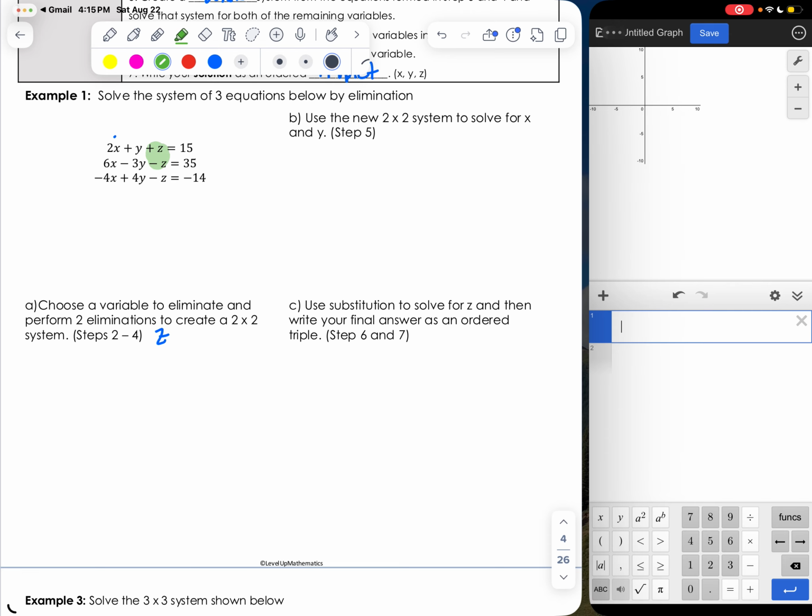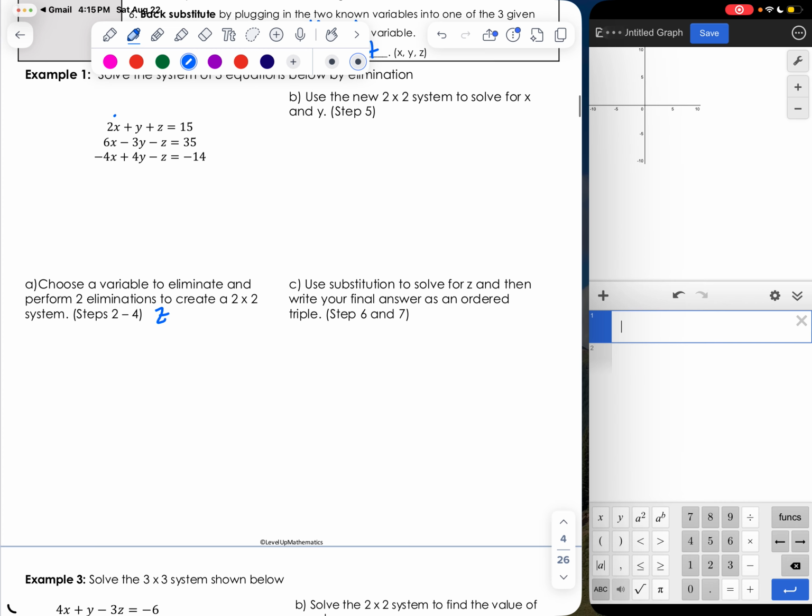If I were to combine those 2 equations, the z's would eliminate because I have opposites. The way I'm going to write down which 2 equations I'm using is row 1 plus row 2. I'm going to combine row 1 with row 2.